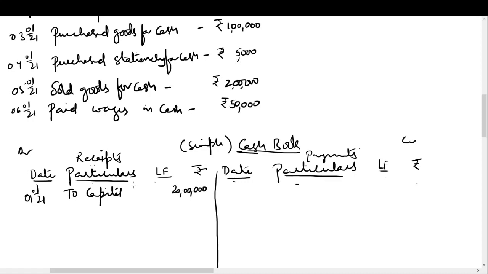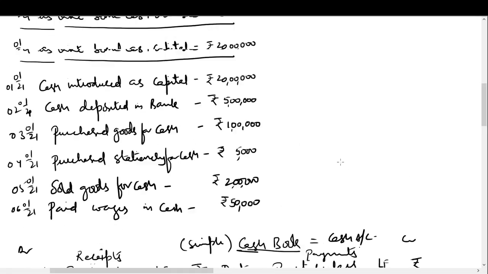Now the cash book is also equal to the cash account. So for a particular transaction, if the cash account is debited, then correspondingly the capital account needs to be credited.